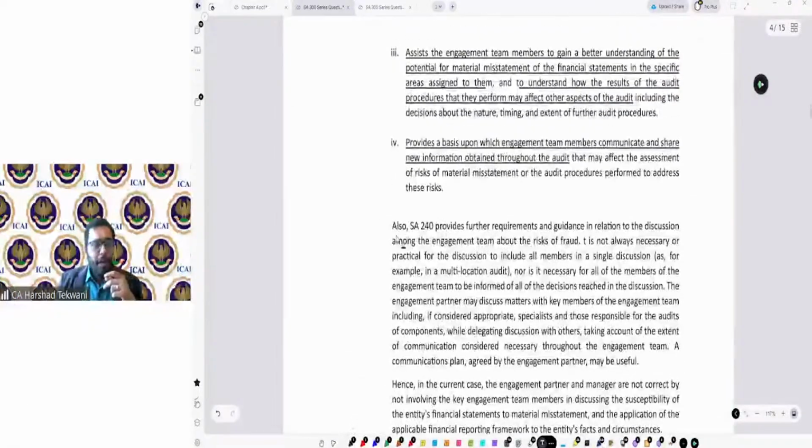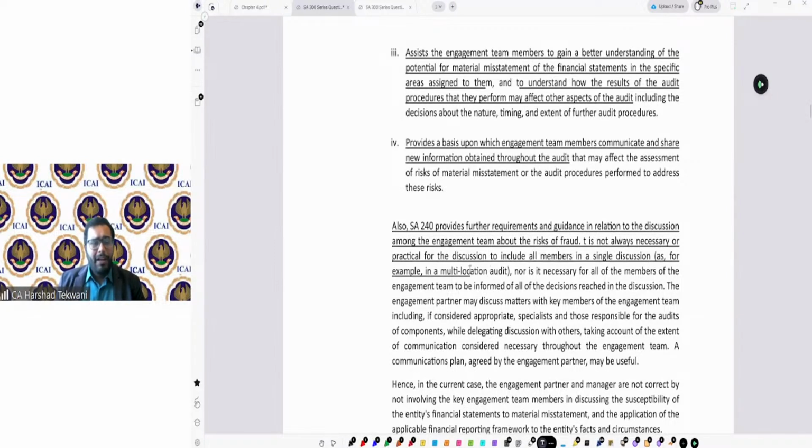Also, if you see, SA 240 provides further that the requirement and guidance in relation to the discussion among the team members about the risk of fraud is that it is not always necessary or practical for the discussion to include all team members in a single discussion, nor is it necessary for all team members of the engagement team to be informed of all the decisions reached in the discussions.